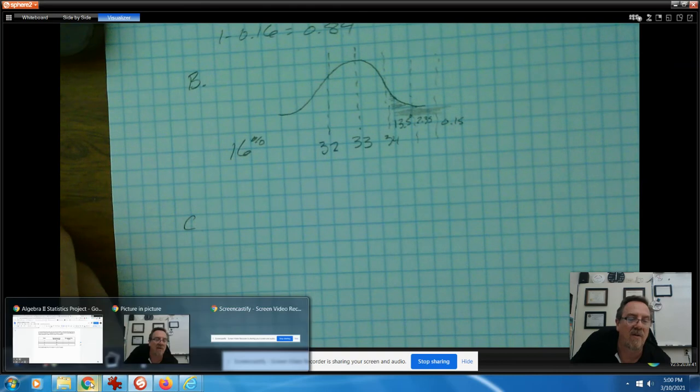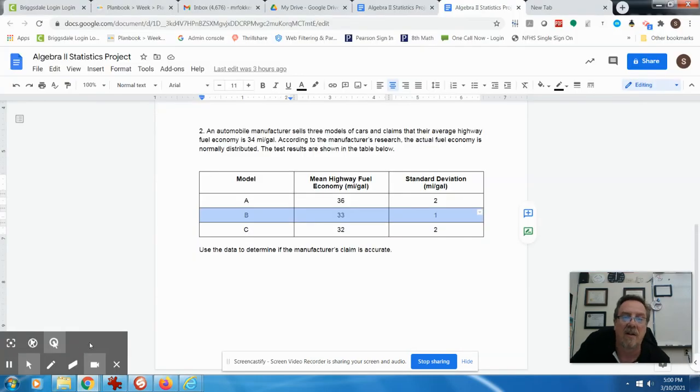There are 3 vehicles. Let's look at the third. Vehicle 3, if I draw a normal curve, back to drawing my normal curve now, has a median at 32 and a standard deviation of 2.